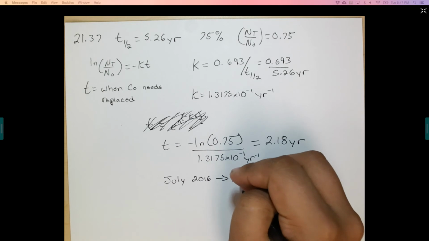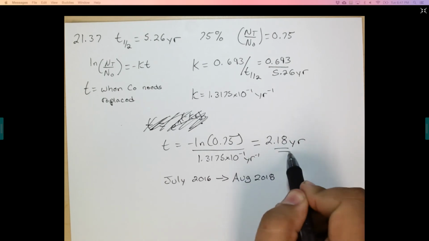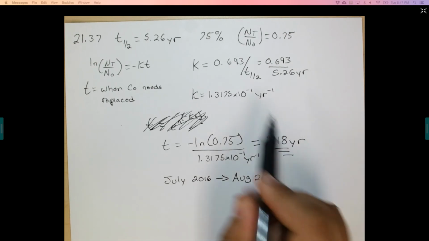So we're talking about August-ish 2018. But the important value here is going to be 2.18, so that we know we can solve for t given the information.